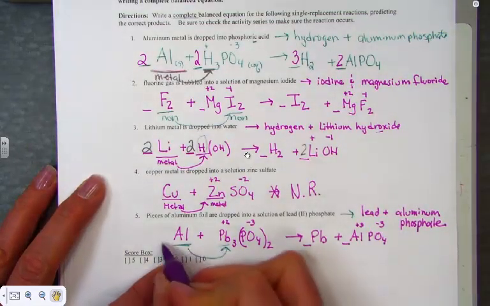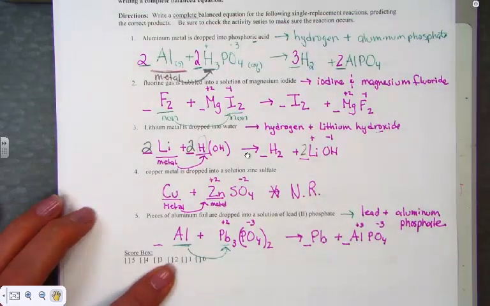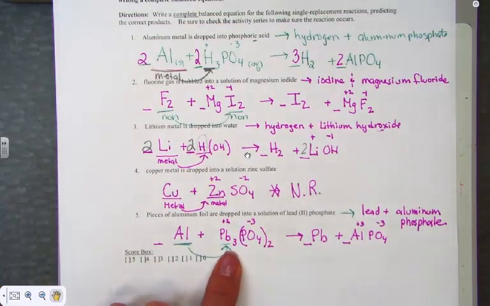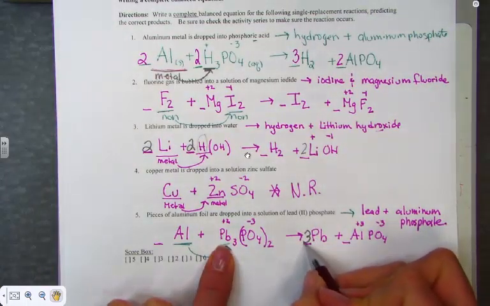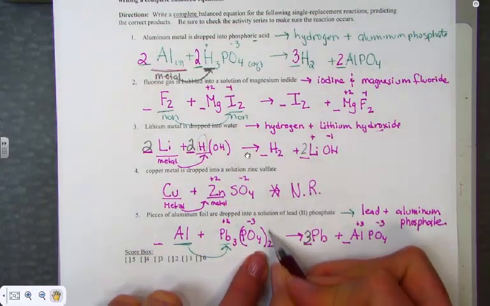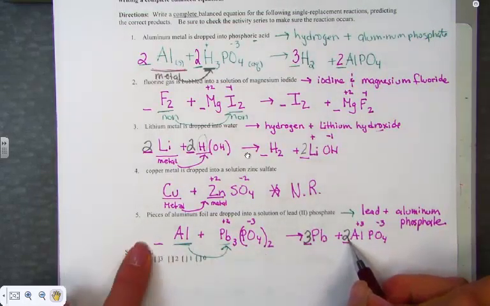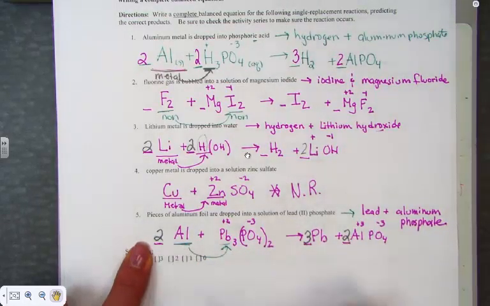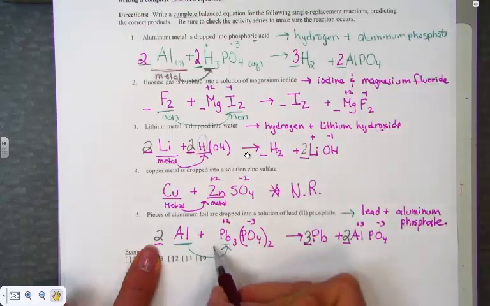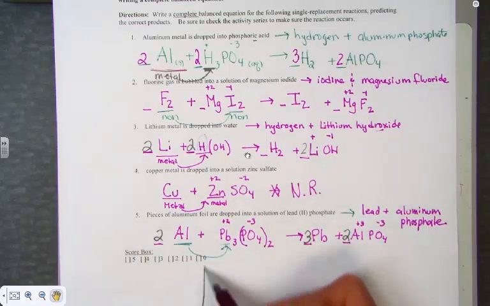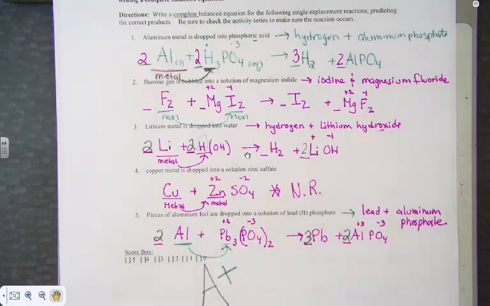Now that we have our skeleton, we balance. This compound begins our journey. 3 leads, 3 leads. 2 groups of the polyatomic phosphate, doubles the product, back up to repair the aluminum. 2, 1, 3, 2 balances that equation.